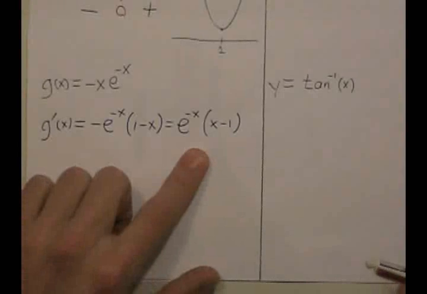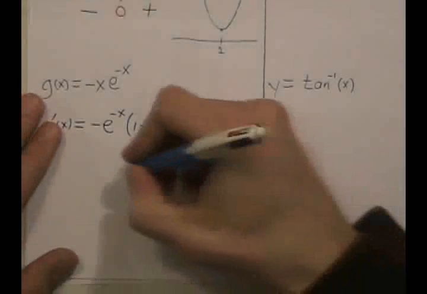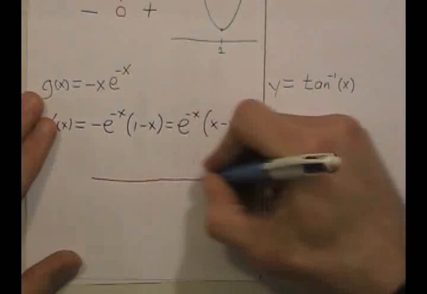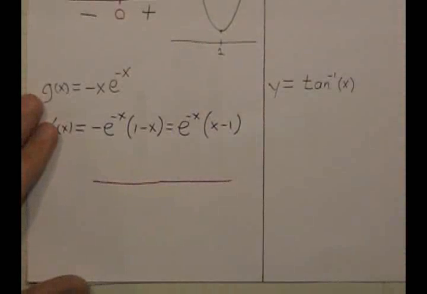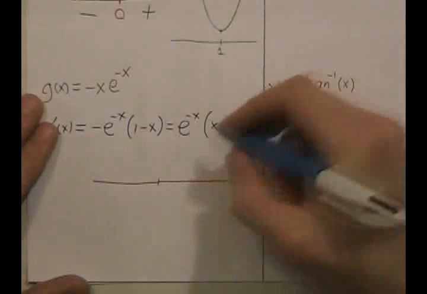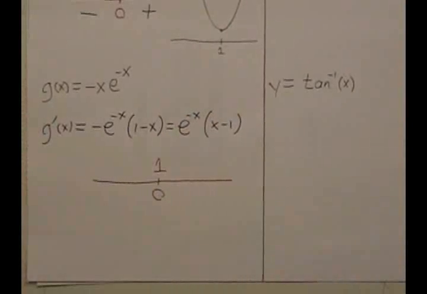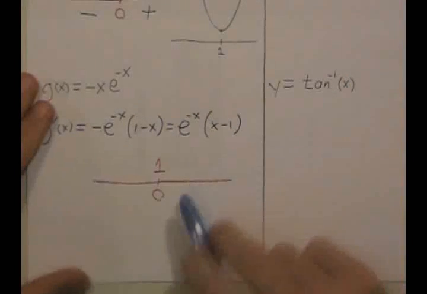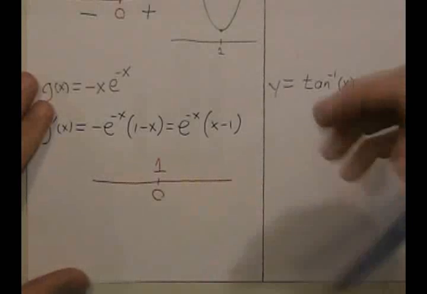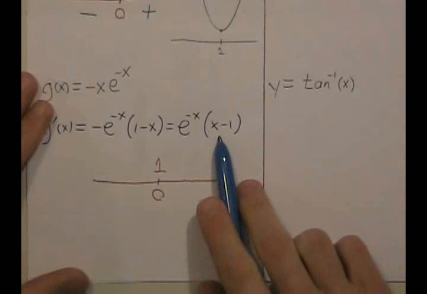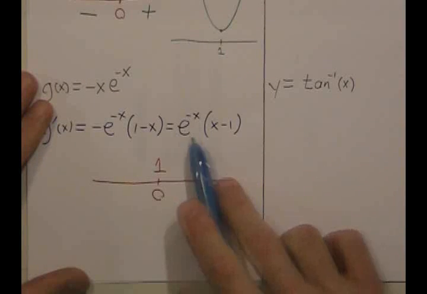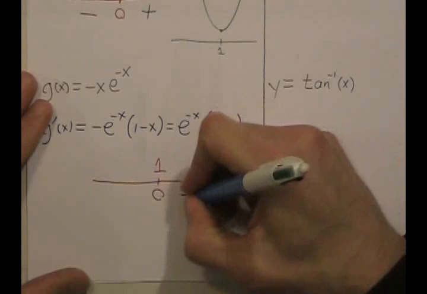So this is it. You do the same thing that you did in the last problem. We're going to make up a sign chart. You mark down where the derivative is equal to 0, so it's clearly at 1. The derivative is 0 there. If we plug in a value of x larger than 1, this term will be positive, and the exponential is always positive, so we'll get positive on this side.